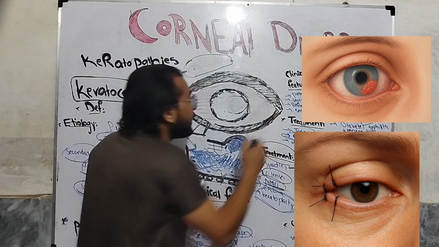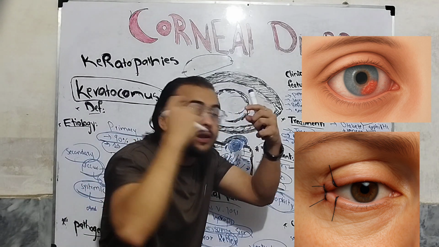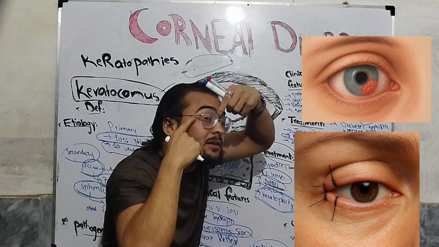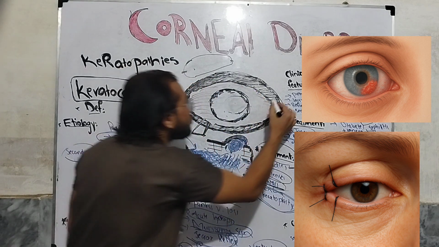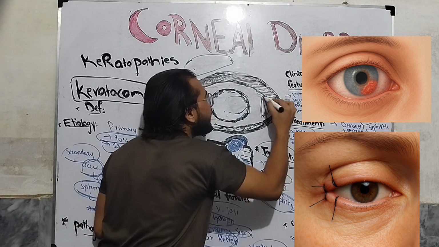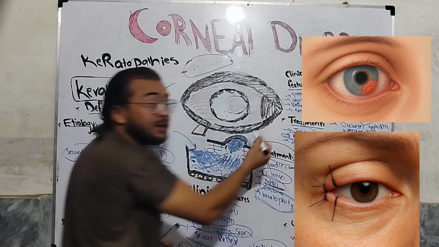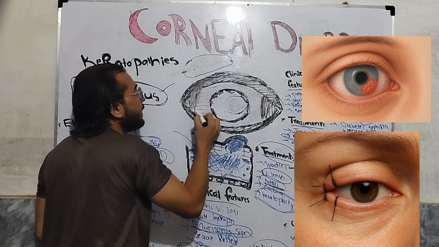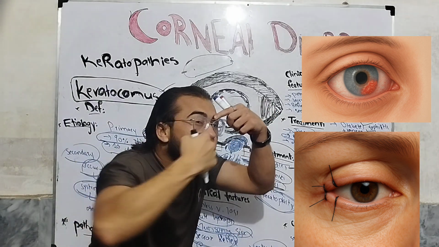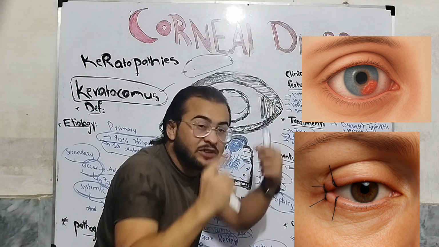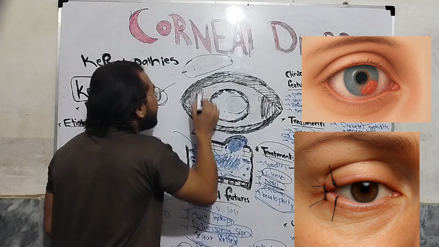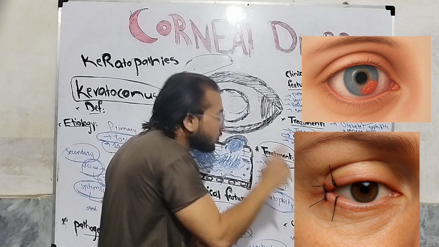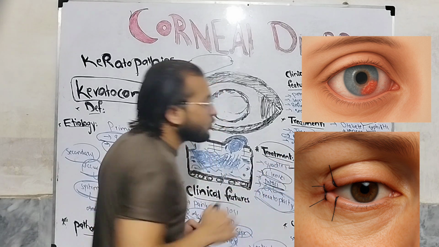Tarsorrhaphy is the suturing of the lower and upper eyelids together at the medial canthal and lateral canthal areas. Okay, so we will suture the upper and lower eyelid margins there, and this will reduce the interpalpebral fissure and reduce the drying of the cornea. This is called tarsorrhaphy, and it is the most common and major method for exposure keratopathy.